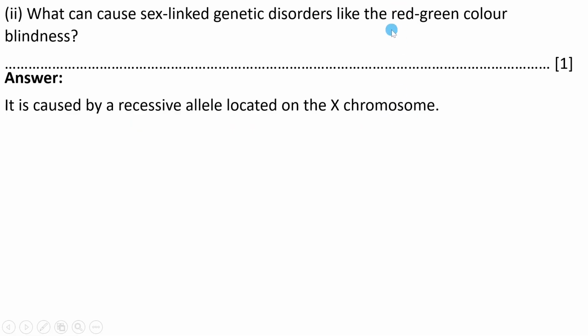So this sex-linked genetic disorder, red-green color blindness, is where a person cannot identify the color green. It is caused by a recessive allele being located on the X chromosome.